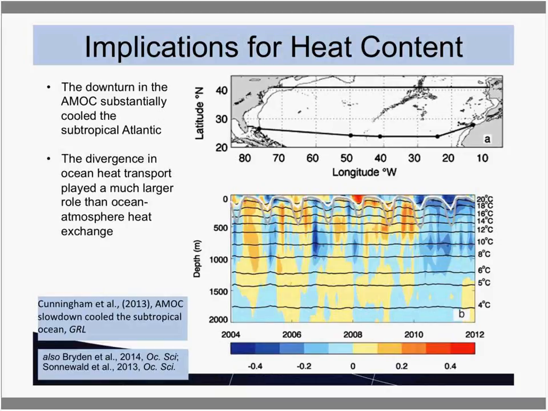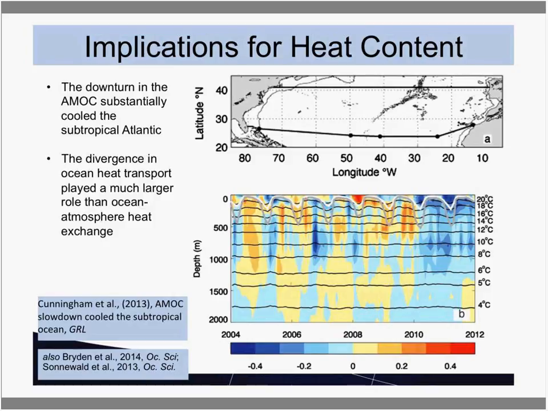Transport had implications for heat content. There are several publications focused on the changes in the heat content in this subtropical gyre, following this large drop in the overturning circulation at 26 north. Up here just shows the region that we're considering, and the contour plot shows the heat content anomaly, or I think it's the area weighted temperature anomaly over this region during this time period.